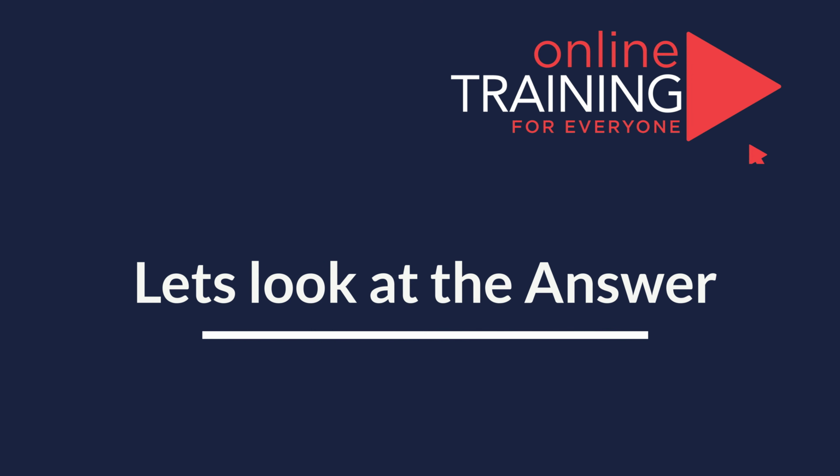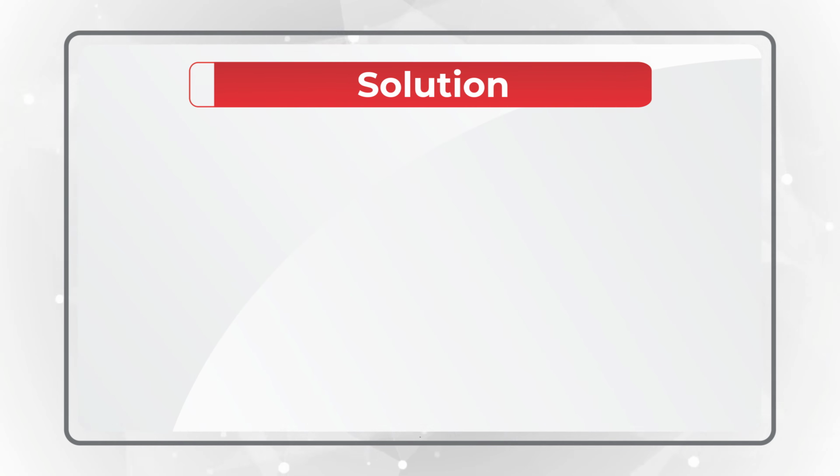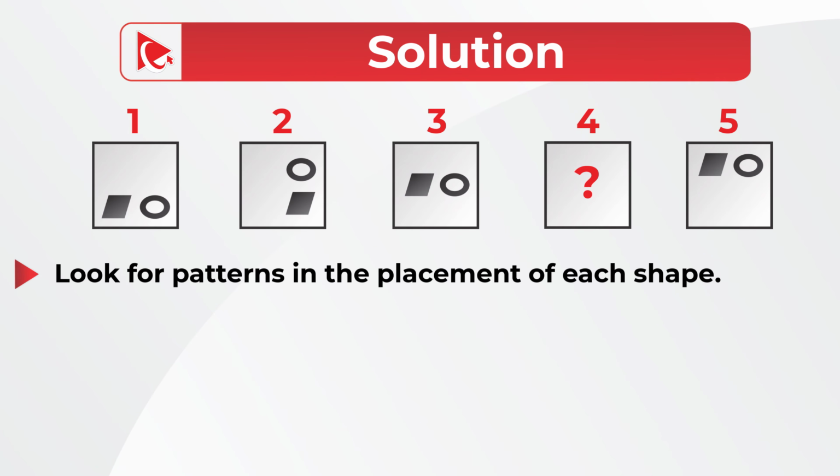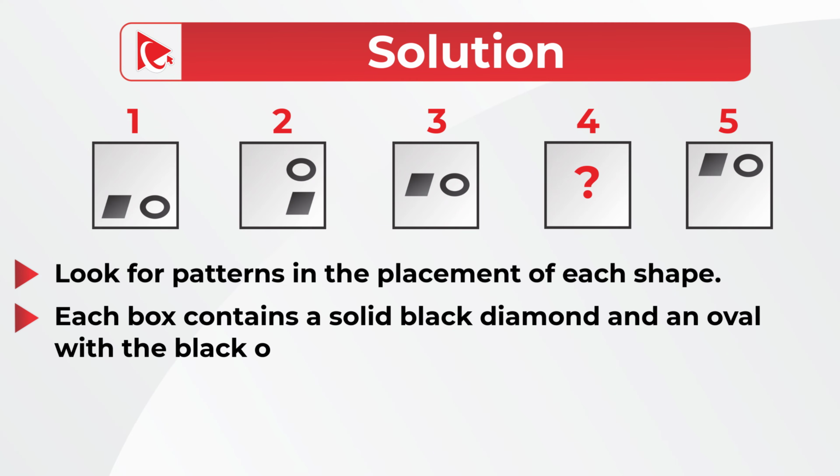Are you ready? Let's move forward and get to the correct solution together. You're probably tired of hearing it, but my advice as usual, always look for patterns. And in this case, the pattern is the location of the smaller shapes inside the square. You might have noticed that the smaller shapes inside the squares are always a diamond filled with black and an oval with a black outline.